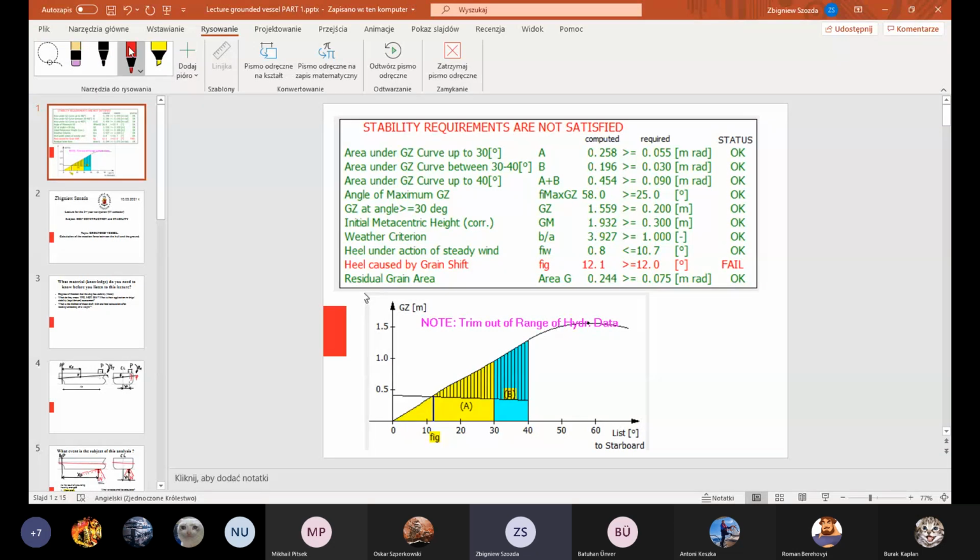It seems to me that somebody among you calculated the angle of heel caused by shifting of the grain, and the result of calculation was bigger than 12 degrees. So the computer says the same number. Please confirm my recollection is correct. The result of your calculations. Yes, sir.